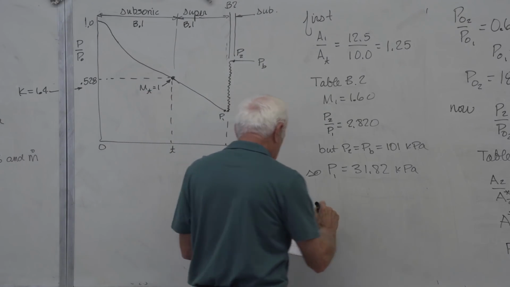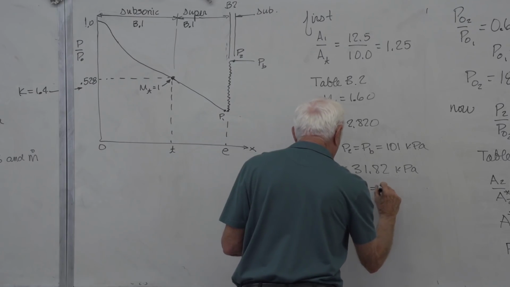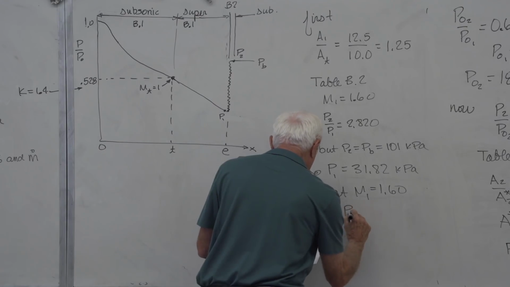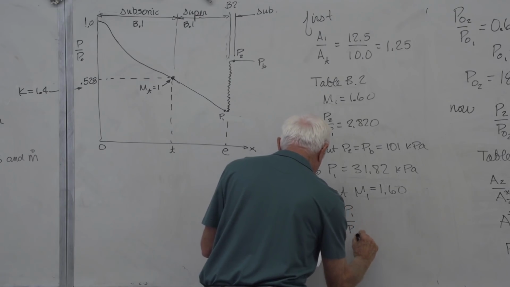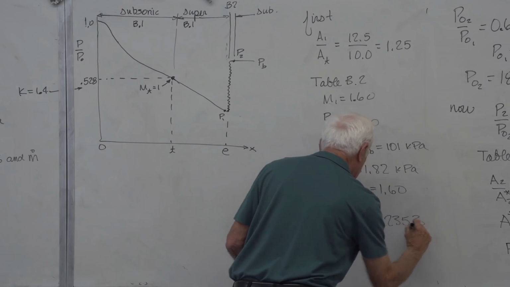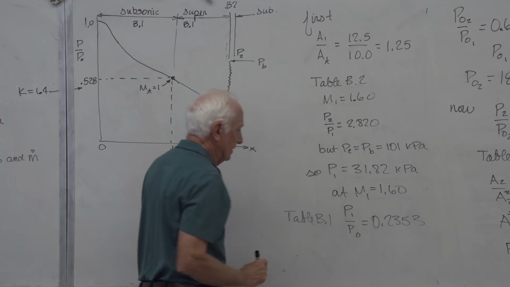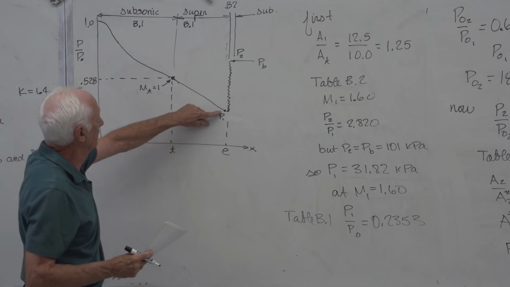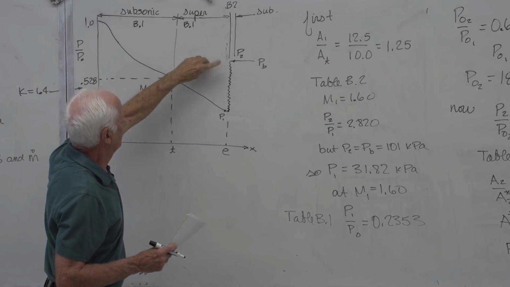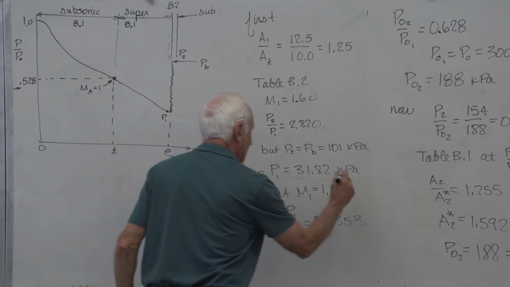Okay, at Mach number 1 equal to 1.60, P1 over P naught is 0.2353, table B1. Why is that? Because when I'm in point 1, I'm in the table B1 region. P1 over P naught, that. Did I find P1?